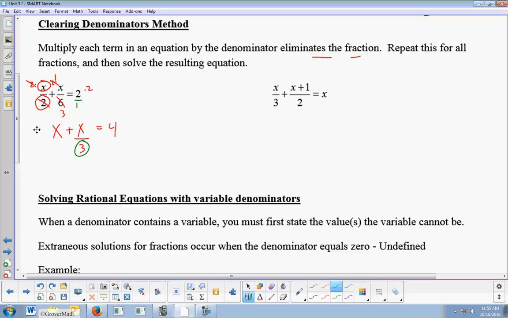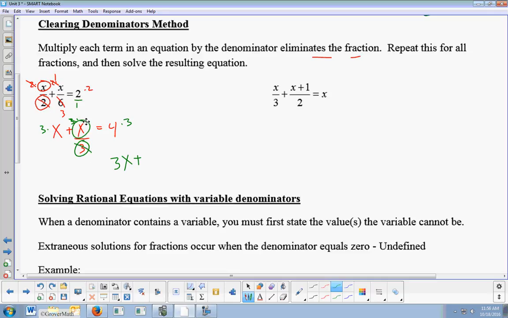So now I'm going to multiply everything by 3. The first term, 3 times x is 3x, then plus. The second term was the term that had the denominator 3, so the times 3 and divide 3 cancel each other out.